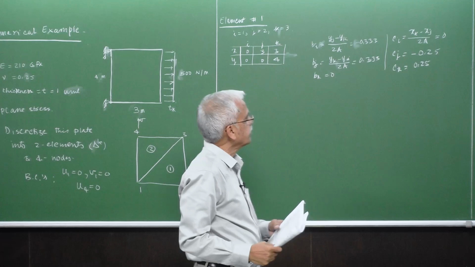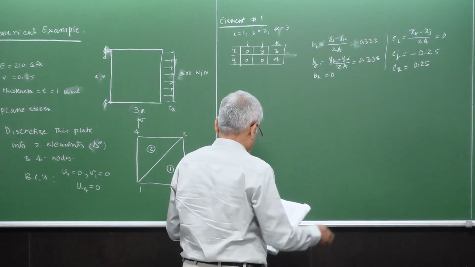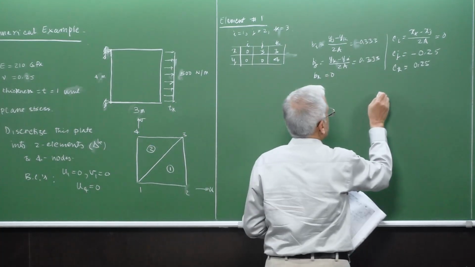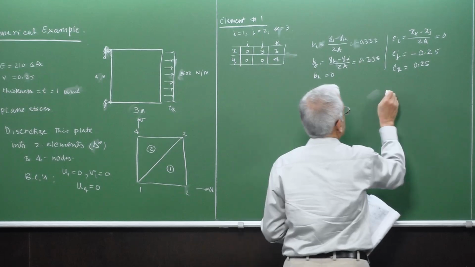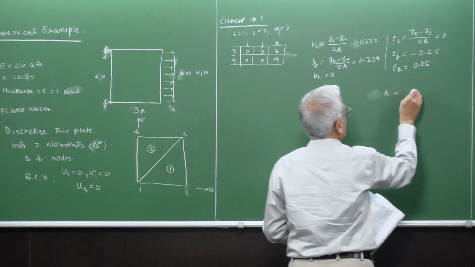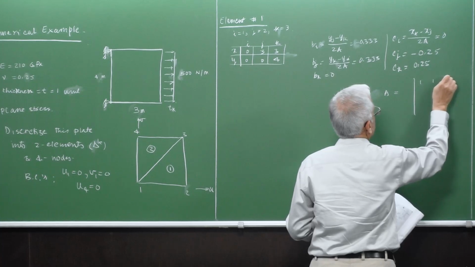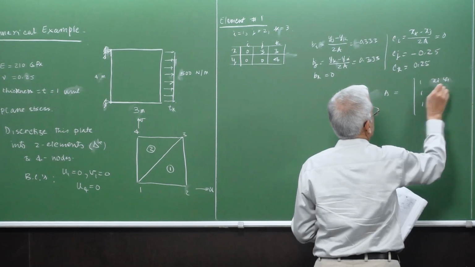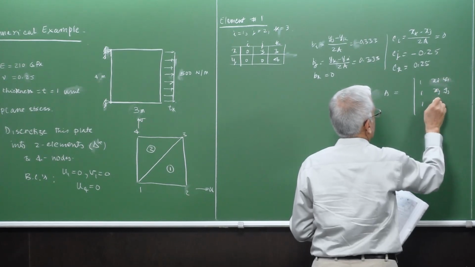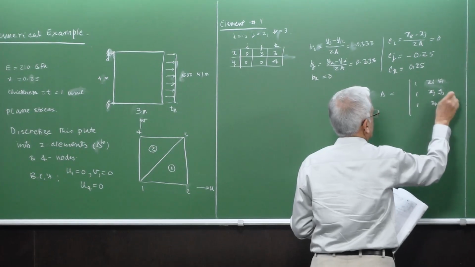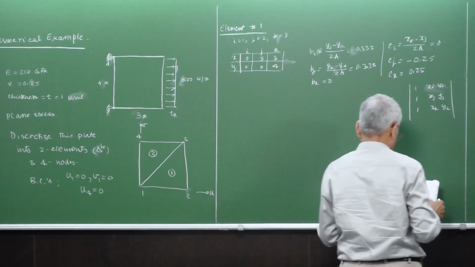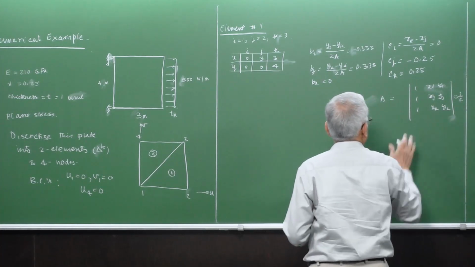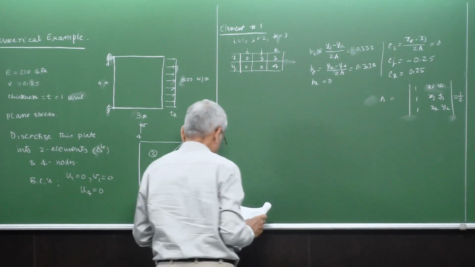Okay, so these are bi, bj, bk, and the area is of course used here, but by any chance, if the element is odd, that is just for the sake of completeness that I wrote it.